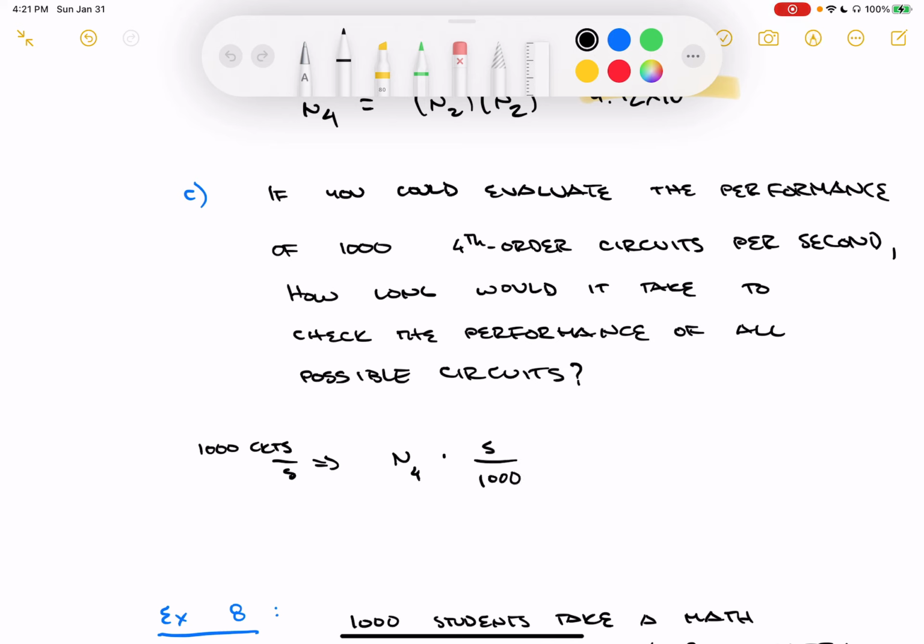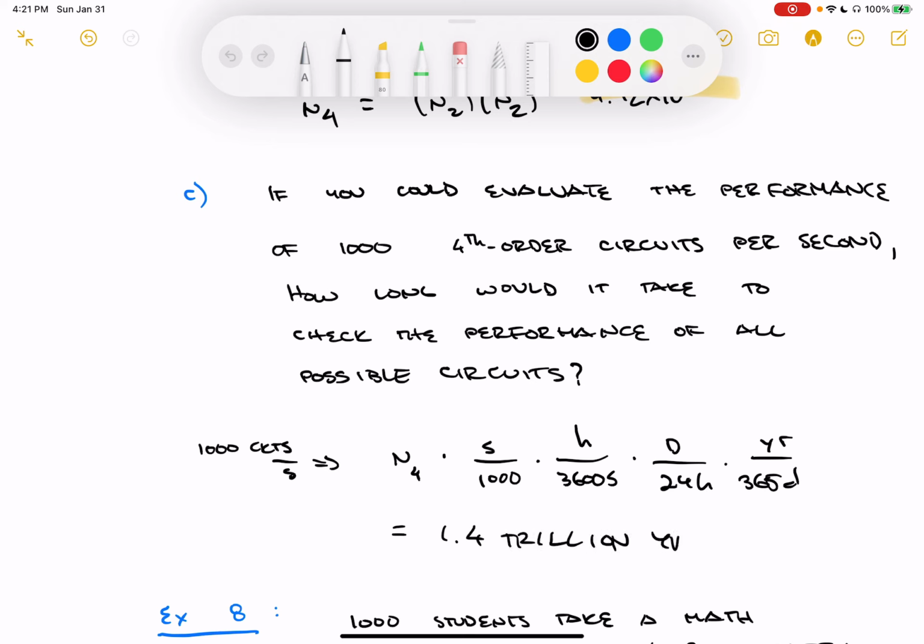That's going to tell me the number of seconds, and that's probably going to be a bad unit. So let's say that there's 3,600 seconds per hour, 24 hours per day, and something like 365 days per year. This will tell me the number of years it takes me to evaluate these. If I did it day and night at the rate of 1,000 circuits per second, that would give me a value of 1.4 trillion years.